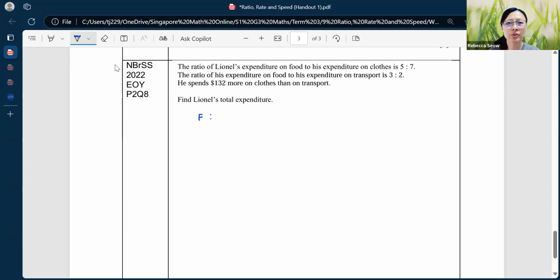Food to clothes, 5 to 7. Food to transport, 3 to 2. So food is the repeated identity. Hence, let's find the LCM of 5 and 3, which makes 15.